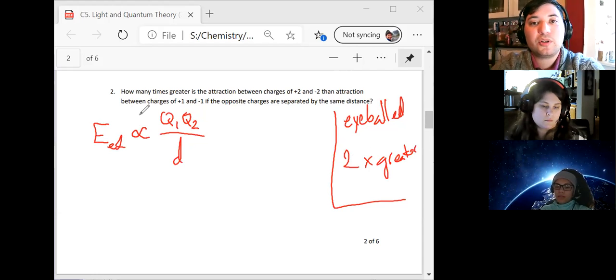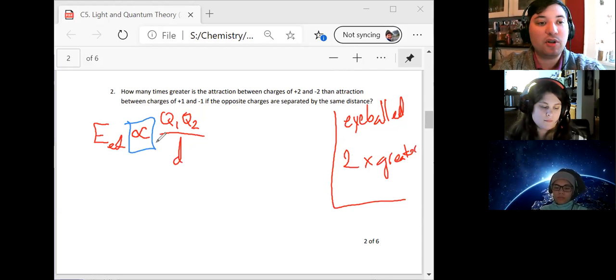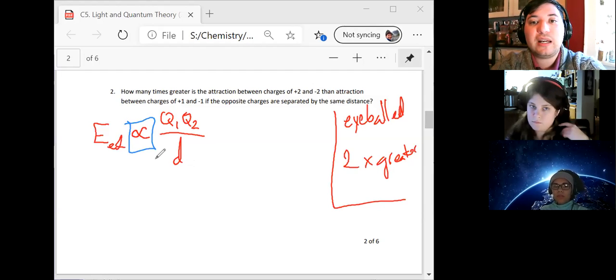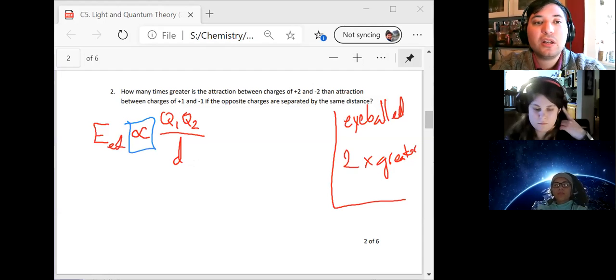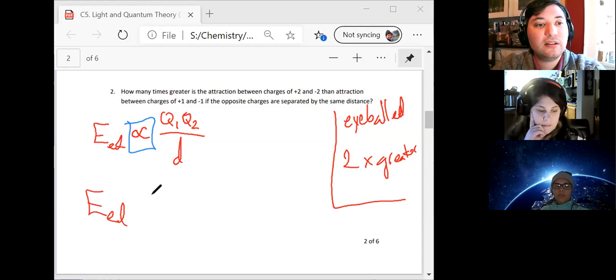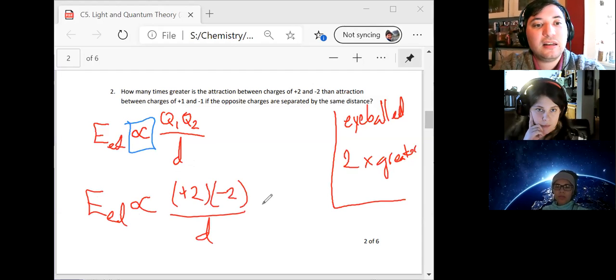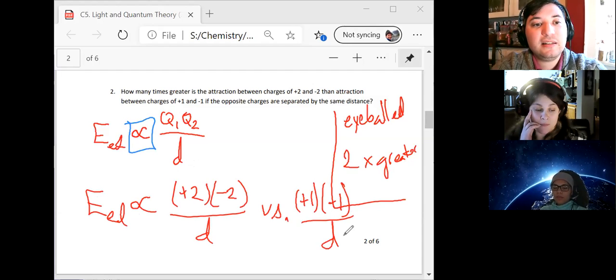Now this is a proportional to symbol, so there is a constant that's missing to actually get a number out, but we can still say something about relative strength, and we can still compare. So if I have E electric, and in my first situation, I have +2 times -2, and I divide by D, and I'm comparing this to +1 times -1 divided by D.